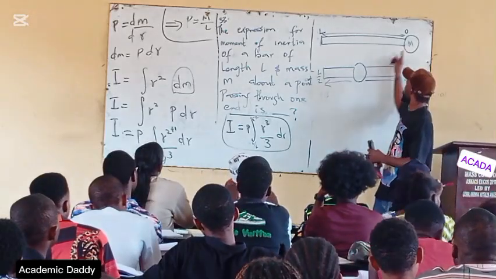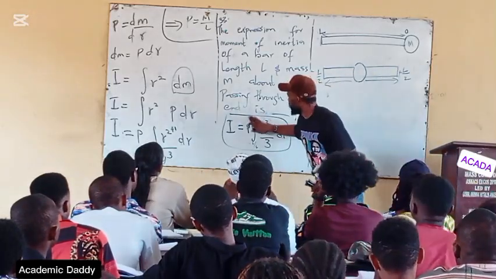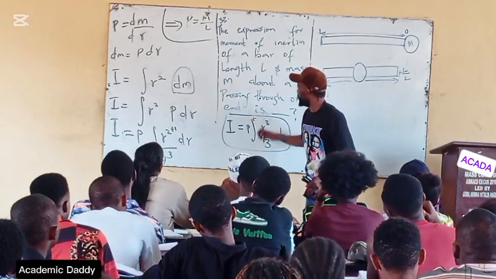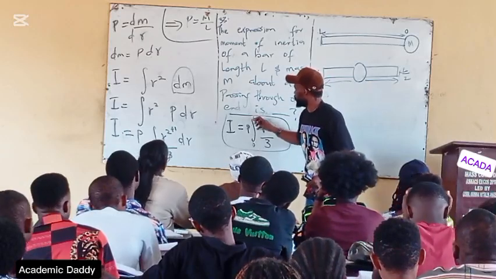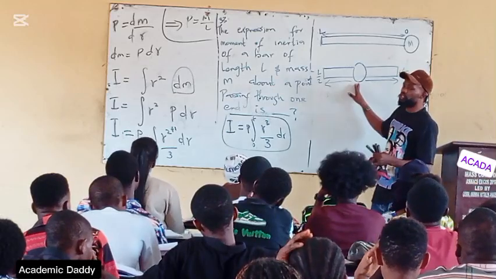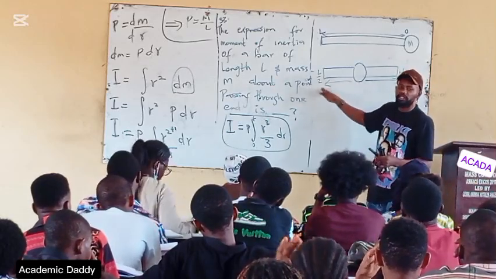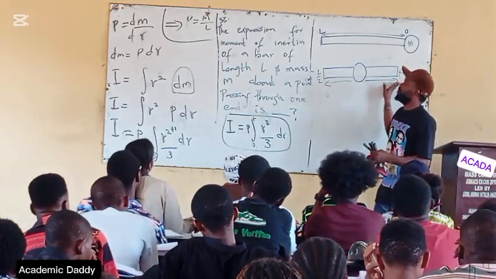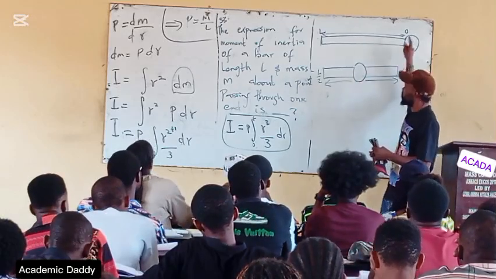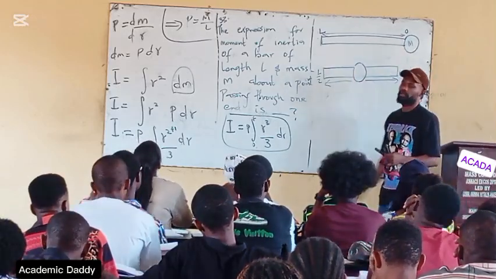But if it is passing through one end, the range will be from 0 to L. When passing through the center, you move from negative to positive, while when it is just from one end, you move from 0 to L.